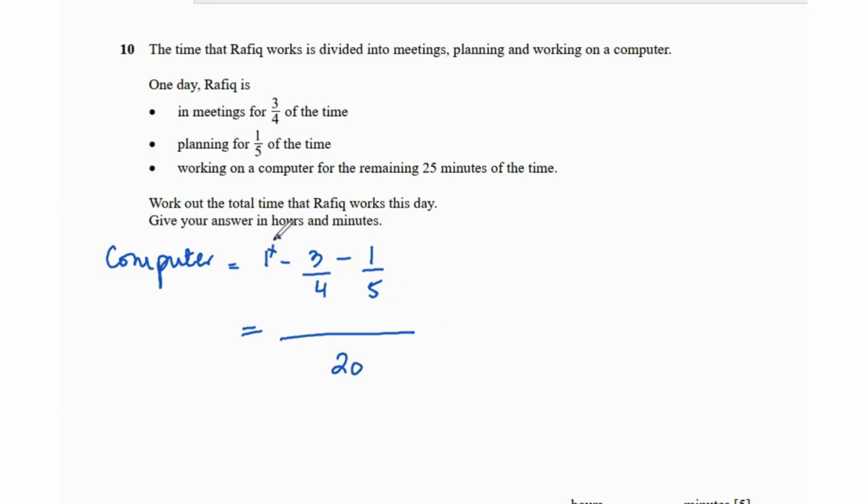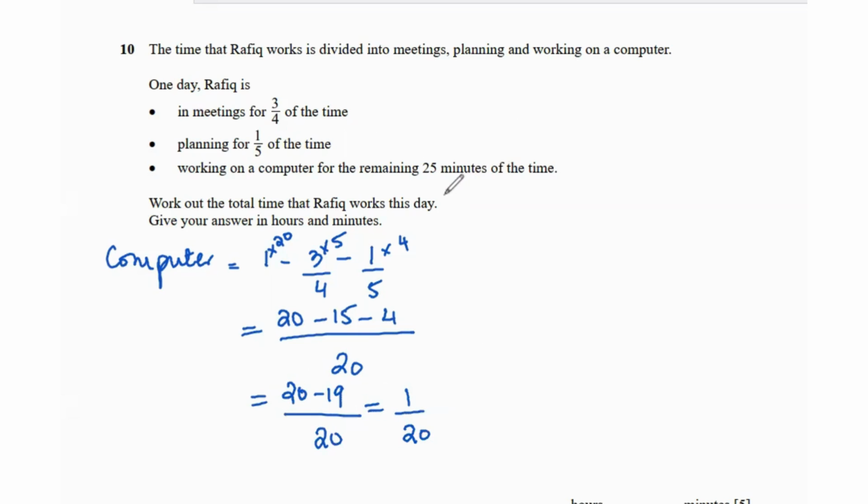So we multiply 1 by 20, 3 by 5, and 1 by 4. That's going to be 20 minus 15 minus 4. Minus 15 minus 4 is negative 19. And 20 minus 19 is going to be 1. So 1/20 is the fraction of the time that he spends on the computer.